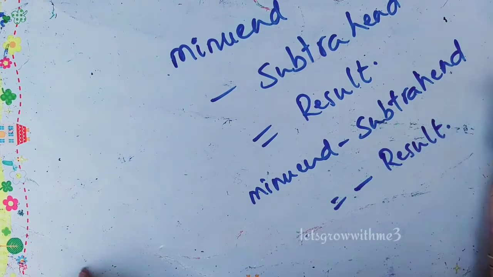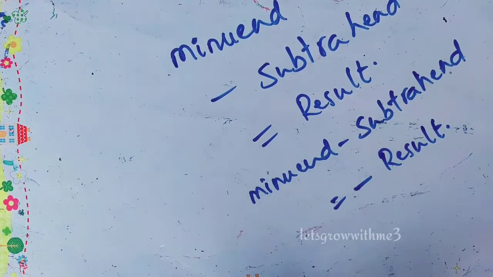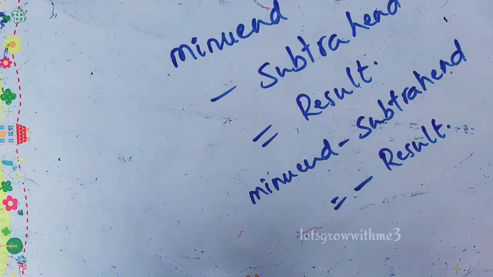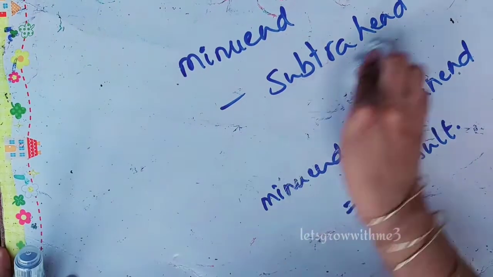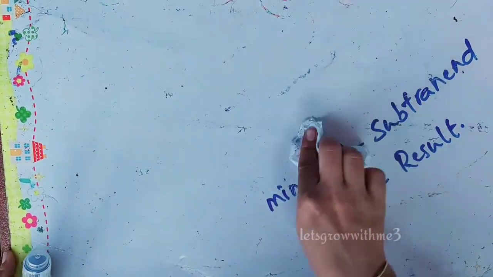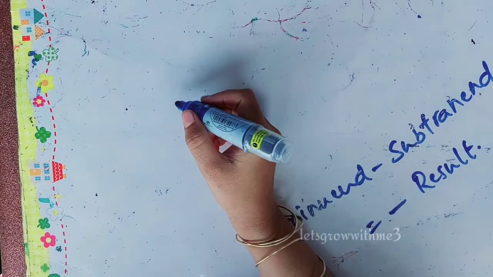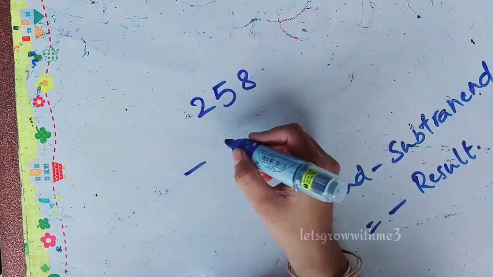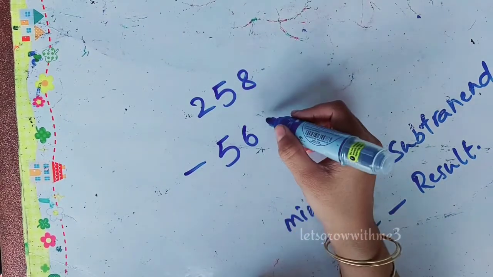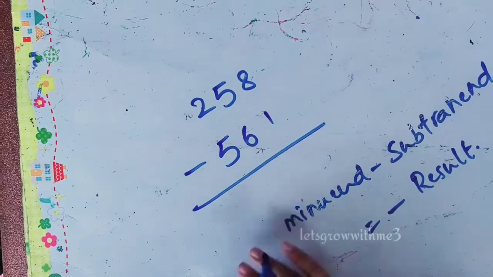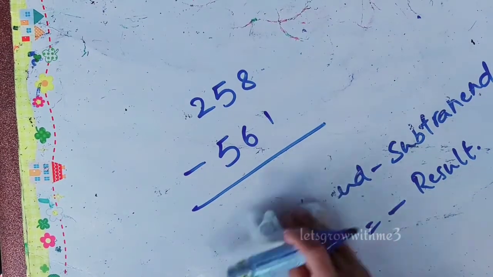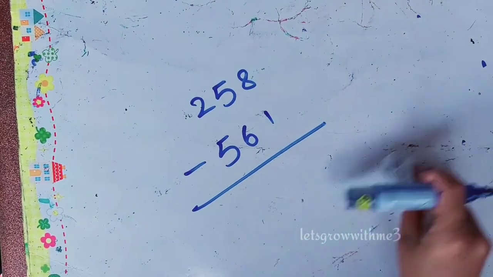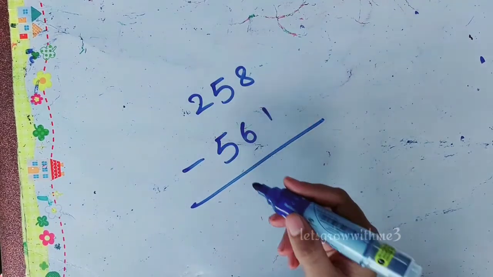So how to solve these kinds of questions using Vedic maths? Let me explain through an example. So here I am taking some small number, 258 minus 561. Okay, so our minuend is small compared to subtrahend. So how do we need to do it? Same as before.